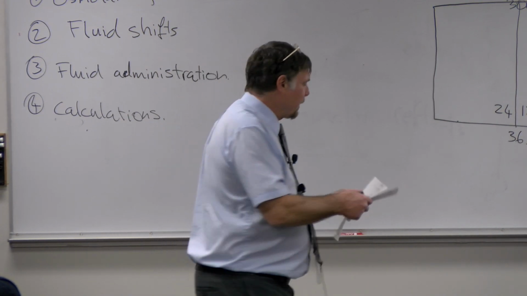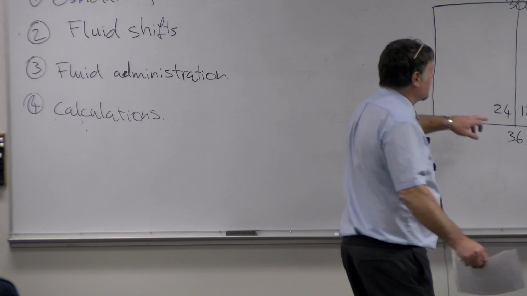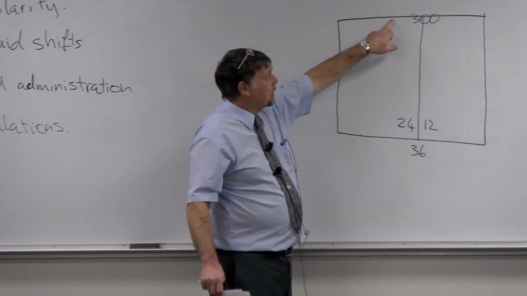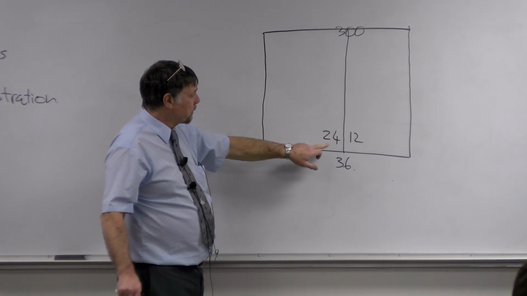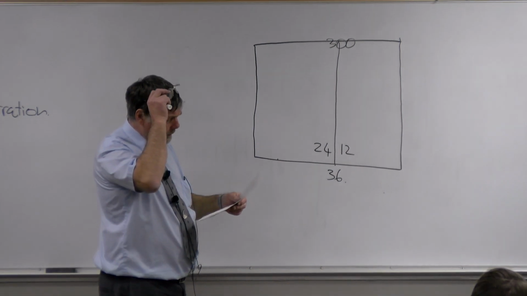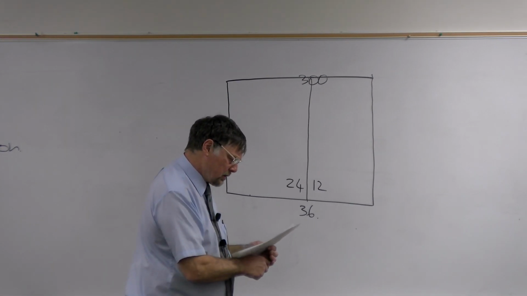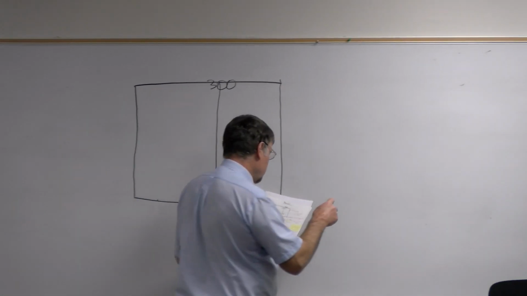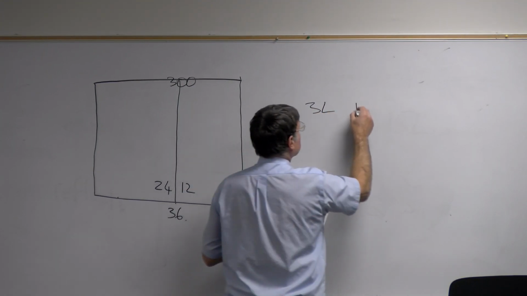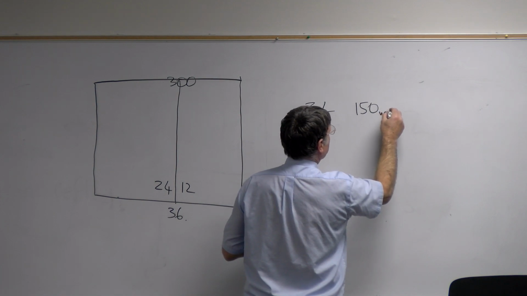So I started to fill out. She had 36 liters. She had an osmolarity of 300 milliosmoles per liter, 24 liters here and 12 liters here. And she lost 3 liters of 150 milliosmoles per liter.